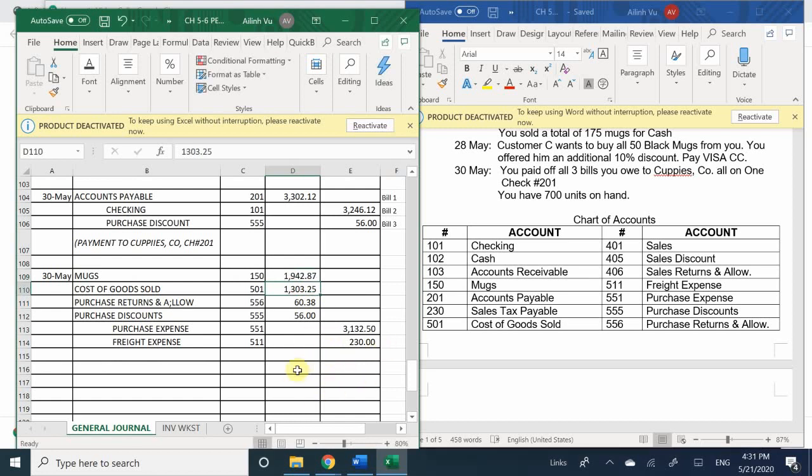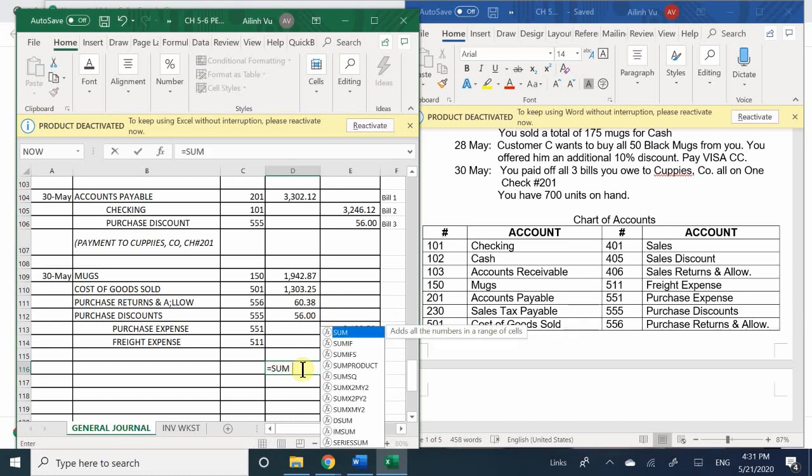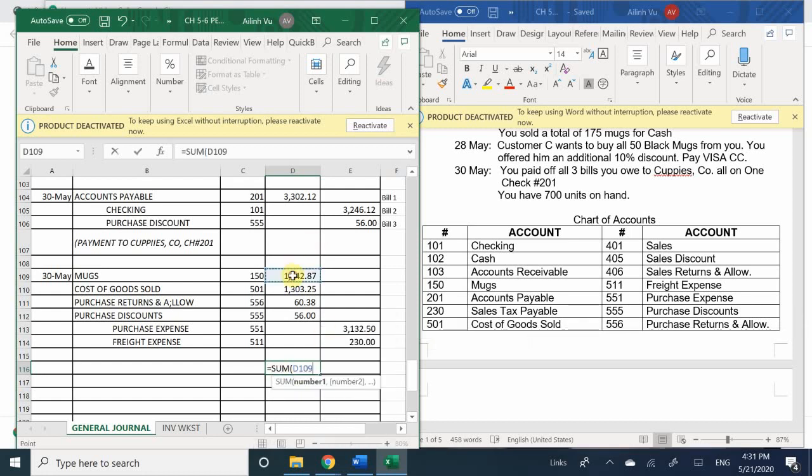Okay. And I'm going to double check this just to make sure that my debits match my credits. All right. And I got 336,250 on both sides. Exactly.